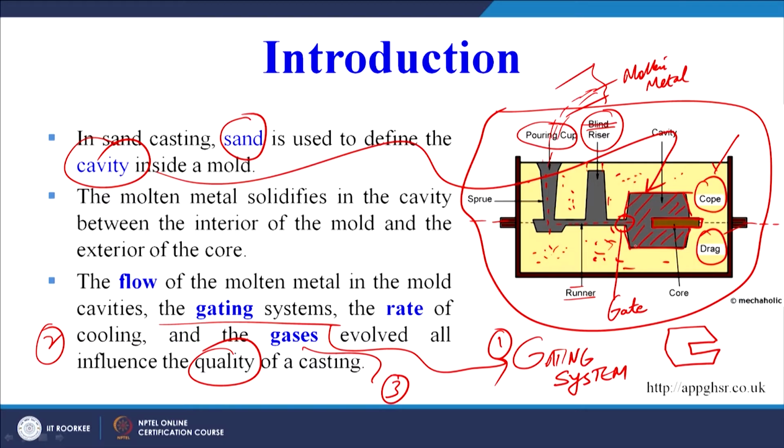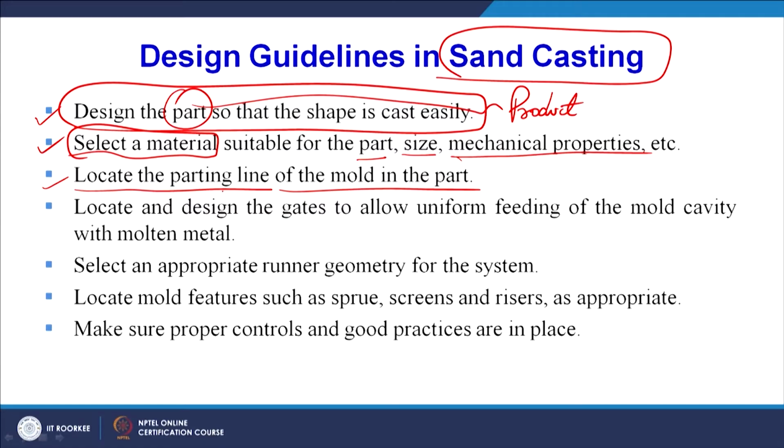So when we are designing a product, we have to design it in such a way that the parting line is properly selected. We will see in today's session, when we are designing a part, the parting line must be straight, it must not be at varying cross sections across the mold cavity. So that we will see in the next slides with the help of certain examples.